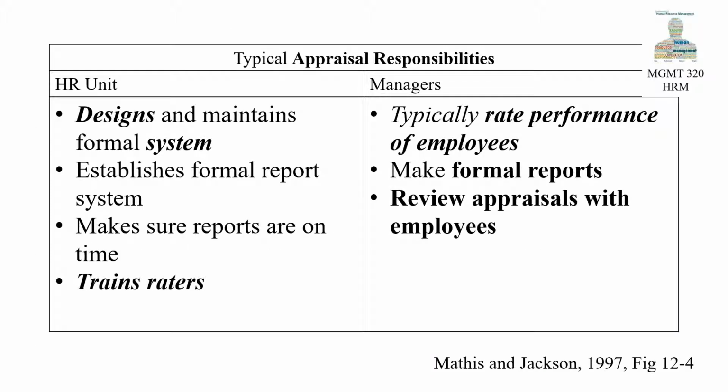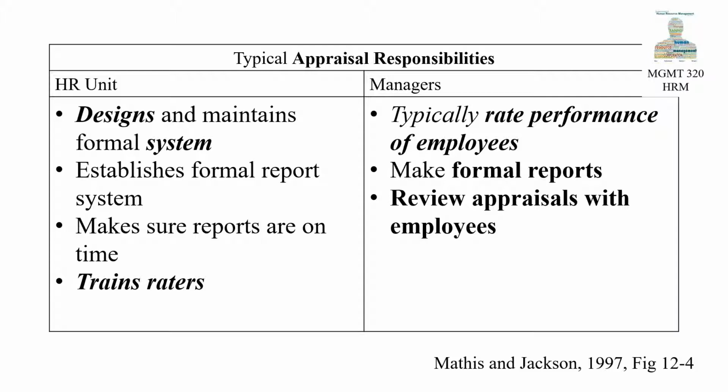Mathis and Jackson provide this guidance on the breakout of responsibilities for appraisals. On the right, notice that the HR unit designs and maintains the overall formal system. They maintain the formal reports, and they also train raters. And as you go through the practical exercise, please think about the training that's needed at the management level.